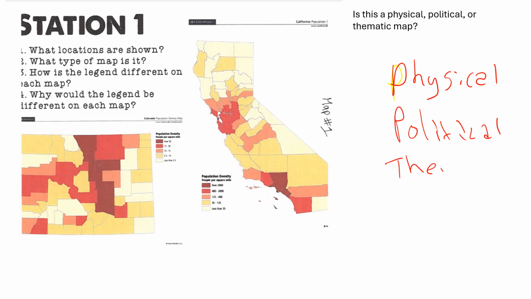And a thematic map is a map that has a theme like the ones we did in class where we talked about climate zones or temperatures or where you might find tornadoes, things like that. So your job is to decide what type of maps are these.